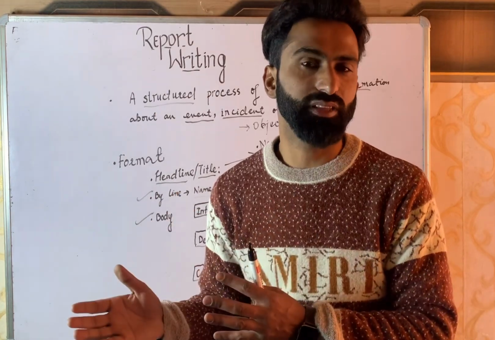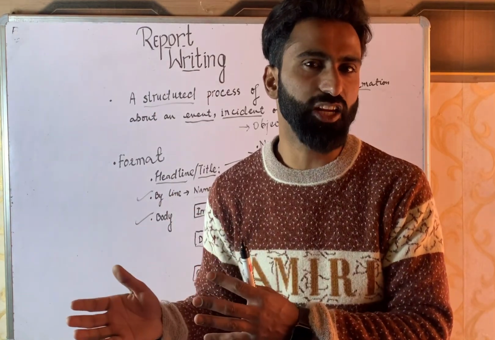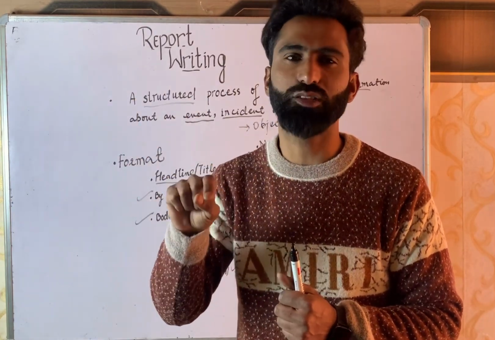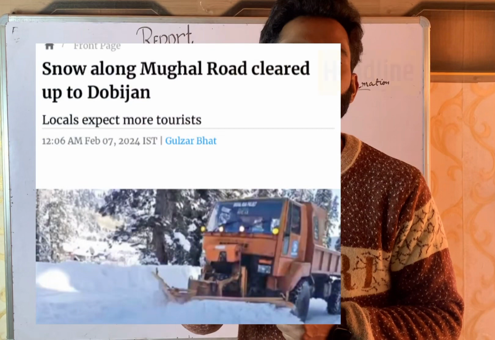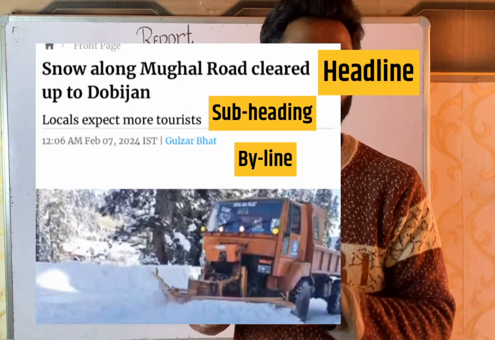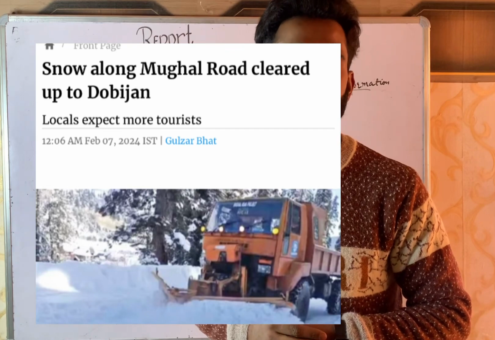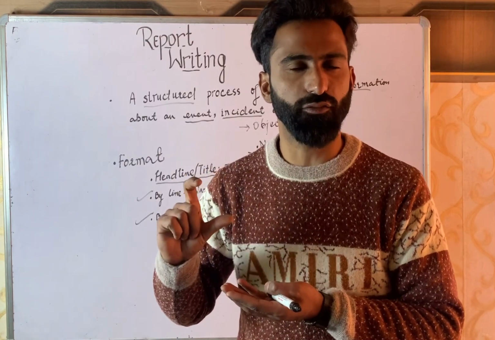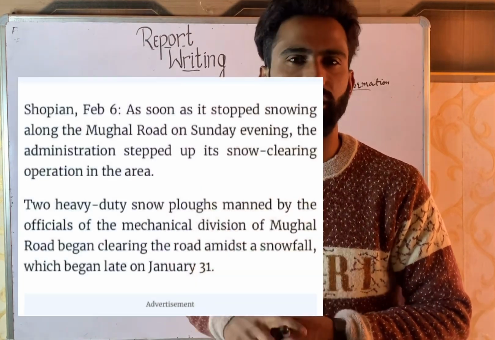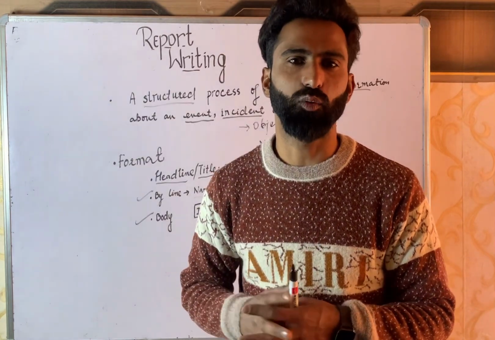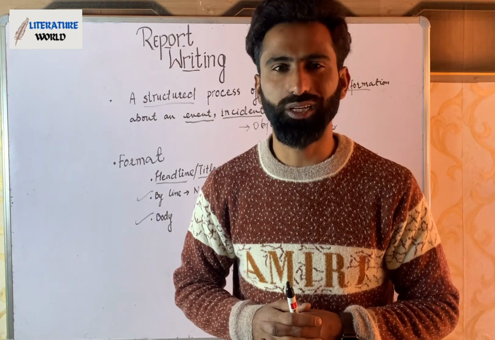Same is the case with the newspaper report. If you are writing a newspaper report, there is the heading. There is sometimes a subheading, as you see in this report, and furthermore the byline is there, that means the name of the writer, or maybe sometimes the designation is also given, and then comes the first paragraph of the report. You can check it on the screen, and then you can see the detailing, and at the end, how the report is concluded.